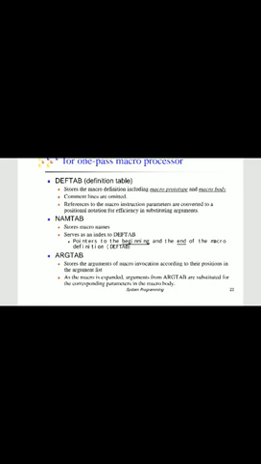The first one is the definition table. It means that whenever you start defining a macro with the assembler directive called macro, your macro processor automatically creates a definition for that. In the definition table it writes all the instructions along with the prototype, whatever the macro prototype and the macro body are; everything is stored in this.